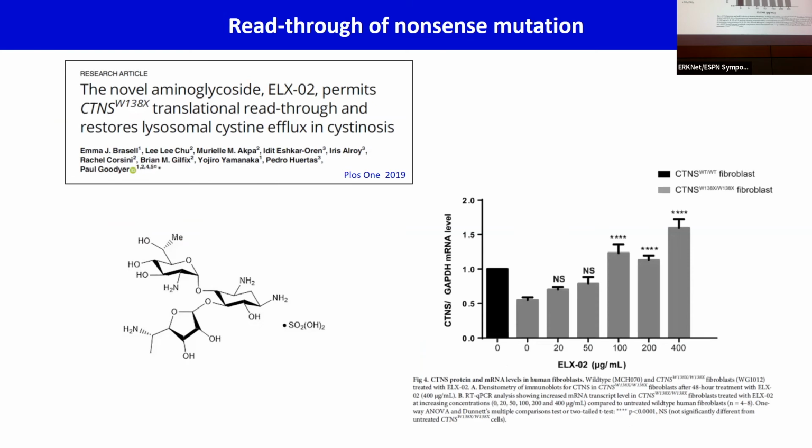The prevalent mutation is a tryptophan 138 to stop codon mutation. And so this is a very good candidate for a read-through strategy. And this aminoglycoside was tested, showing that you can re-express CTNS, although it's not a completely normal cystinosin protein, and this study is ongoing.